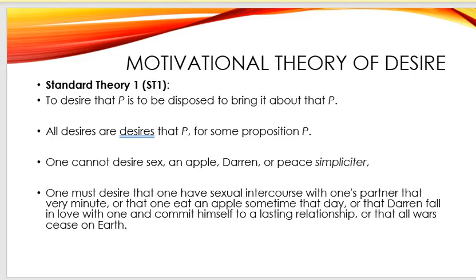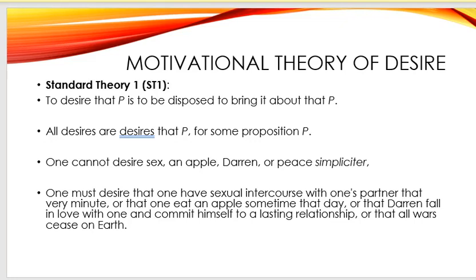So for the motivational theory, it's important to note that there are two essential features. One is that it entails a proposition, that P, which really is saying you can't desire objects, you have to desire states of affairs in the world. So you can't desire sex or an apple or a person or peace.